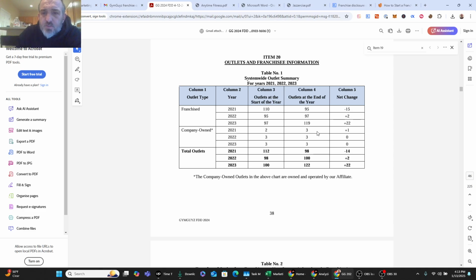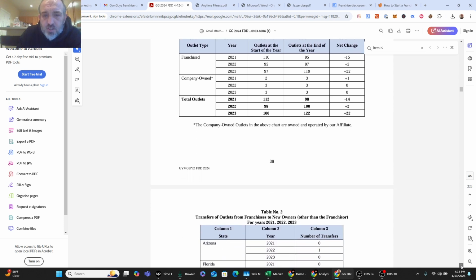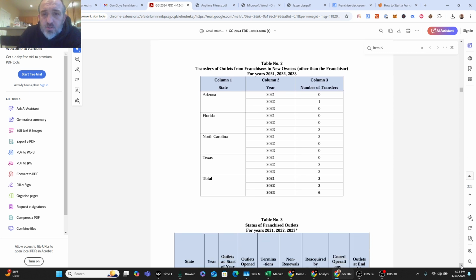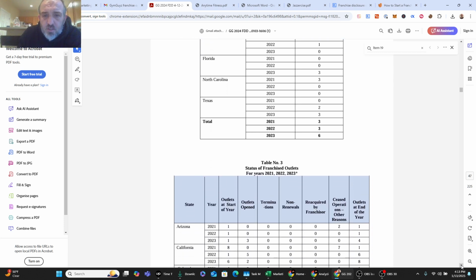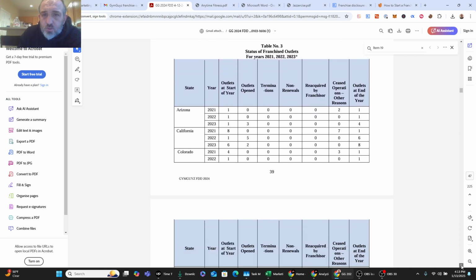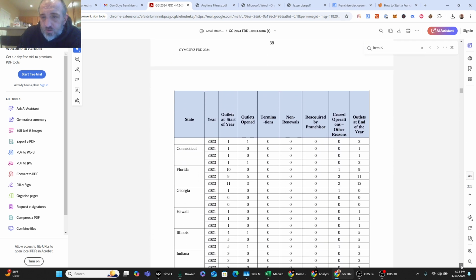Then I go down further and I look at item number 20. It shows the number of franchise and company-owned outlets. And then it shows the transfers by year. And then it shows the status of franchised outlets for 2021, 2022, and 2023.